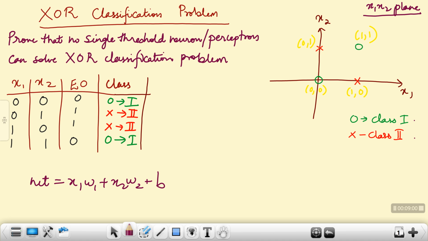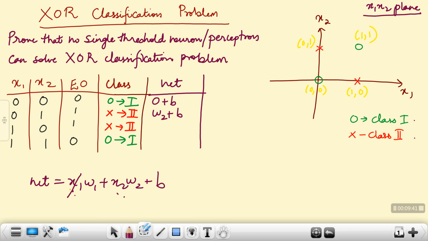Let's not assume anything about w1 and w2; we shall calculate the value of net. In the first case x1 and x2 are 0, so I get 0 plus bias. In the second case x1 is 0, so that term goes and x2 is 1, so I get w2 plus bias.